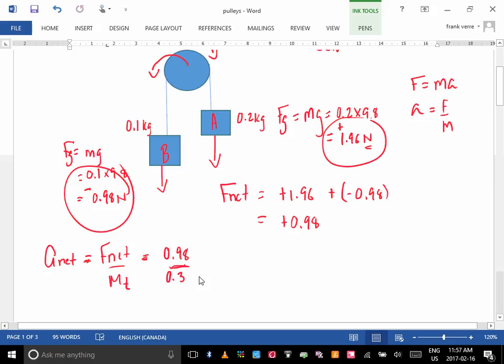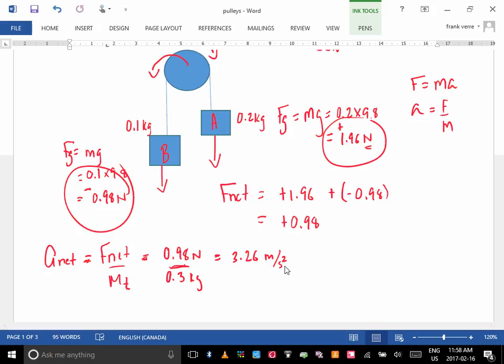So this is actually going to be the total mass, which would be 0.3 kilograms. So 0.98 newtons, 0.3 kilograms. So what's that net acceleration? 3.26? So that's what you should have got, around 3.26.